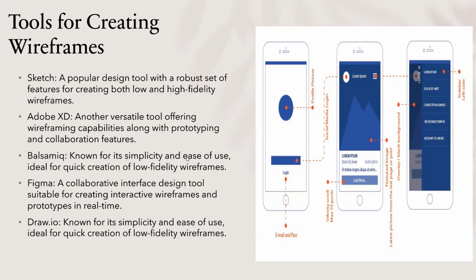We also have Figma that we can use to do our low fidelity wireframe. Lucid, which we also use in our process mapping, can also be used for wireframes. Yeah, it has the features for wireframes. Then we can use draw.io as well. These are tools we can use for wireframes.